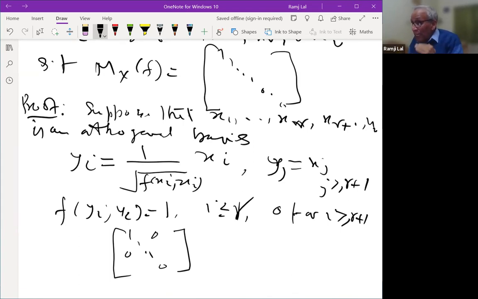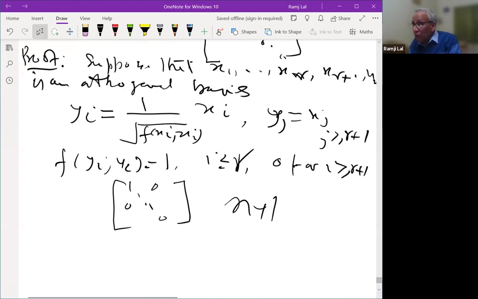So how many congruence classes of this form will there be? I am taking this to be the symmetric one. As many as the possible non-zero ranks, so r runs from 0 to n, and therefore that is n plus 1. That is for the Hermitian form.